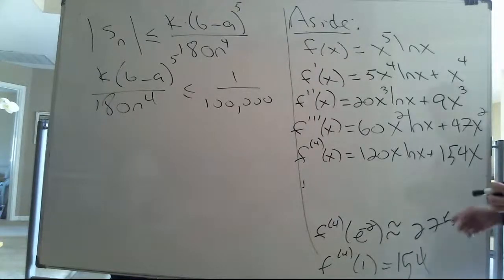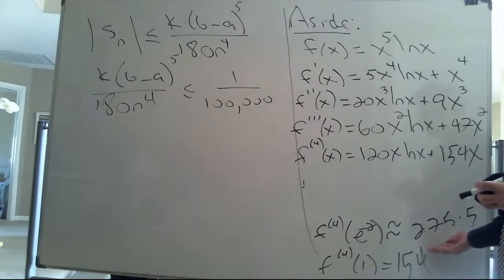So it looks to me like the endpoint in absolute values that's the largest is this one. That'll be my K value.